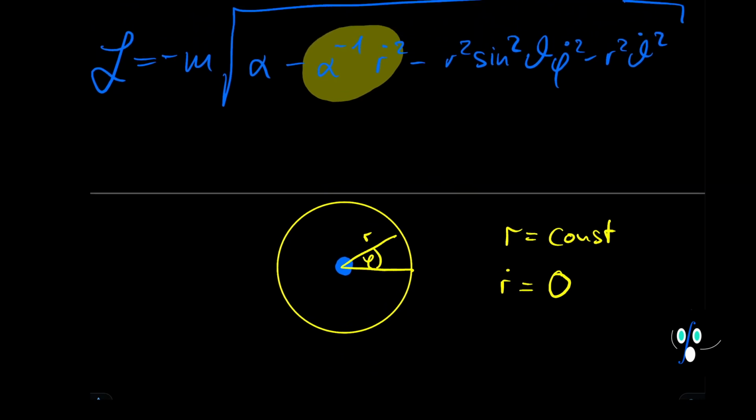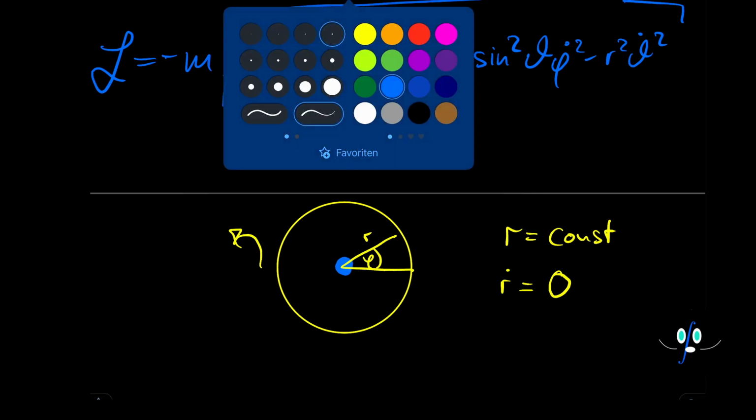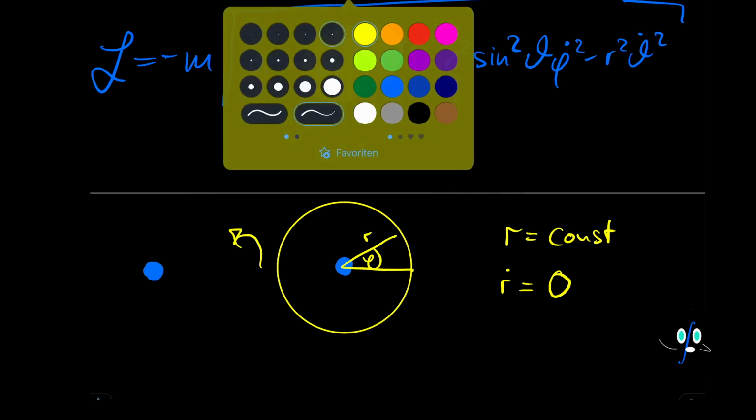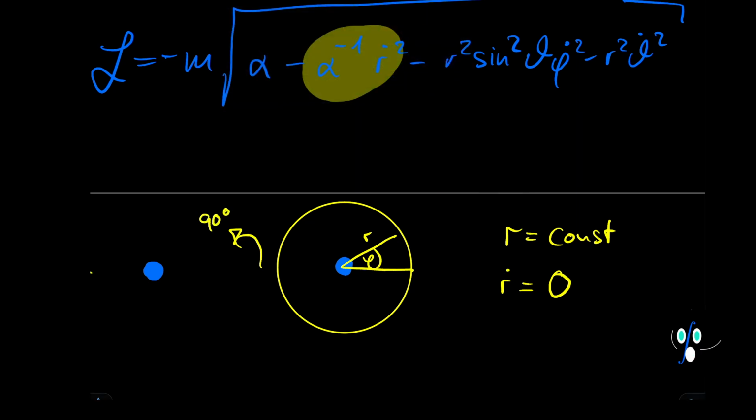So the next thing that we're gonna do is take a look at the orbit of the photon, but flip the whole perspective such that we have the black hole like this. We have it flipped by 90 degrees, and the orbit of the photon around the black hole looks like this. It's in a plane, and we can just choose this plane to be pi over 2, so the 90 degrees plane. That's just a convenient choice.